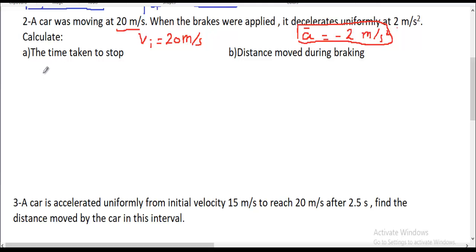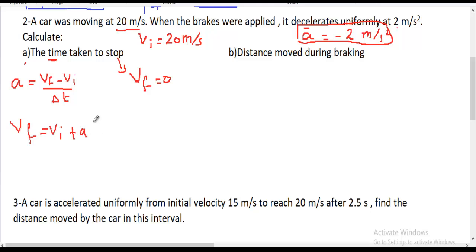So what are the unknowns? The first is the time taken to stop. Someone asked, so where is the final velocity? The final velocity here is not the first unknown. Time taken to stop means the final velocity equals 0. So if you want to get the time, you can use this formula, a equals Vf minus Vi over time, or the first equation, because this formula is the same as the first equation, Vf equals Vi plus at.